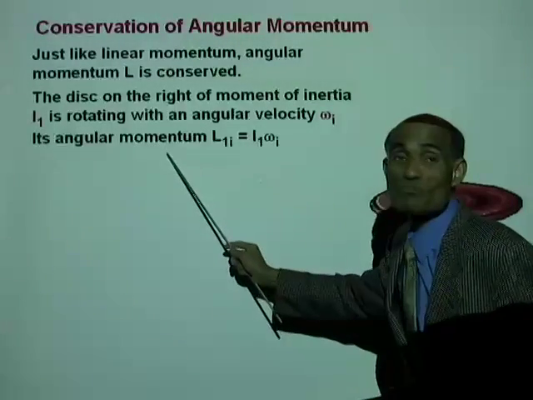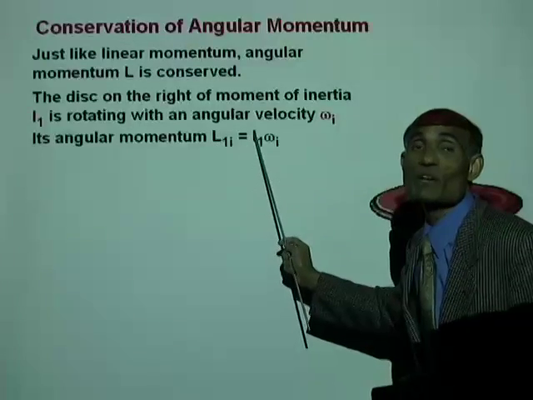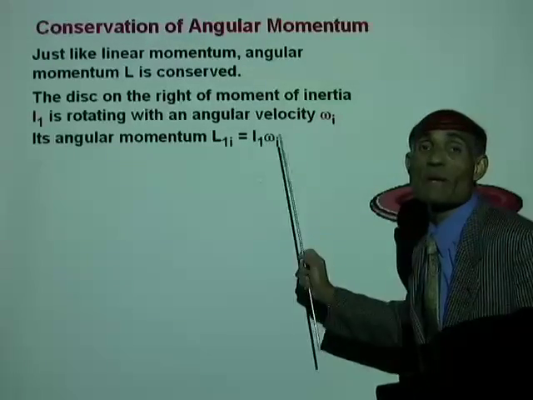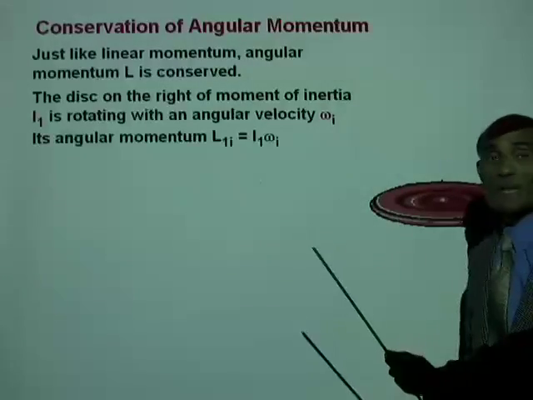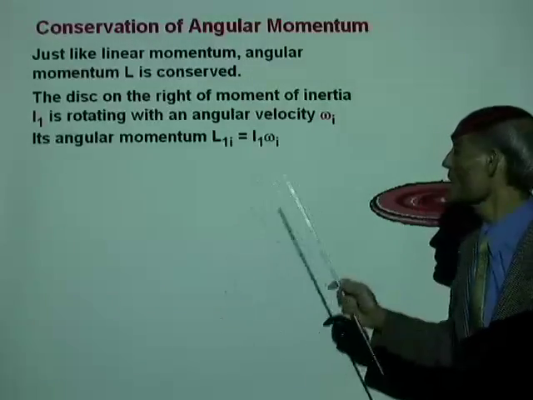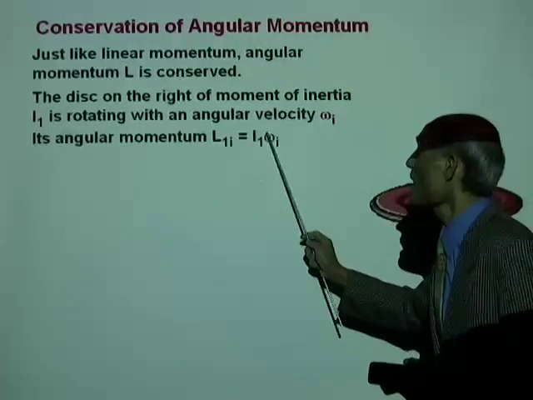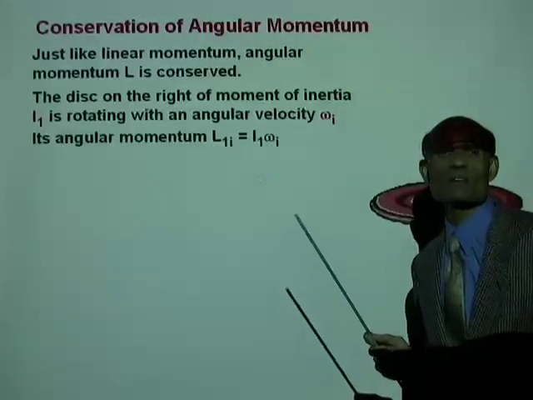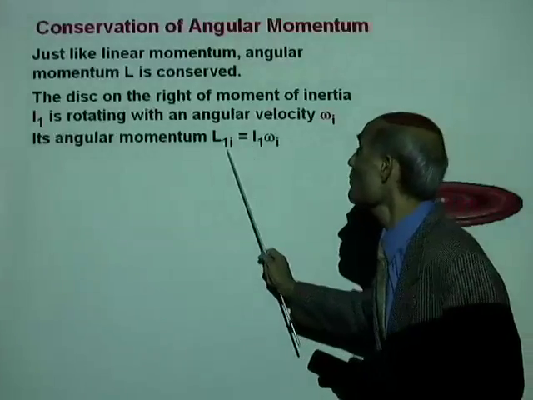Now its angular momentum is L1I equals I1 omega I. Is that right? Its initial angular momentum at this time is its moment of inertia I1 times its initial angular velocity. L equals I omega.